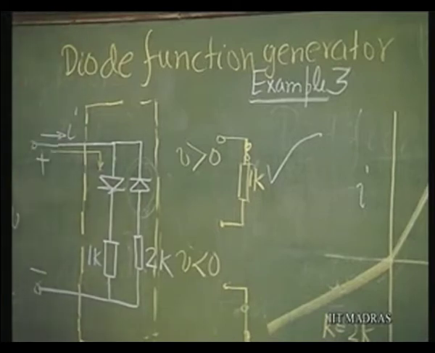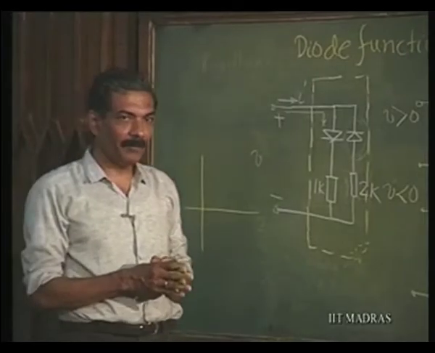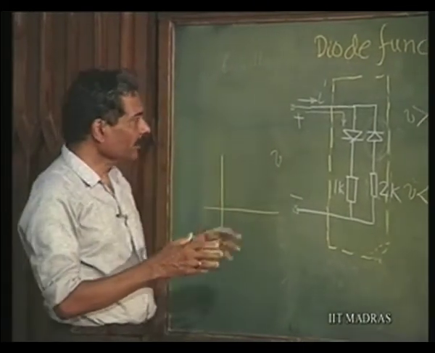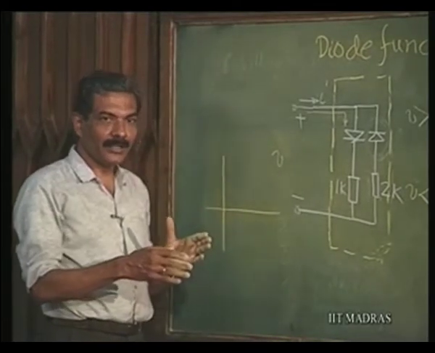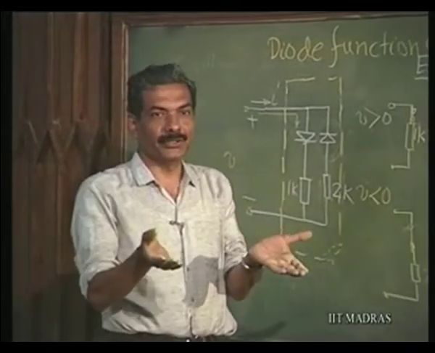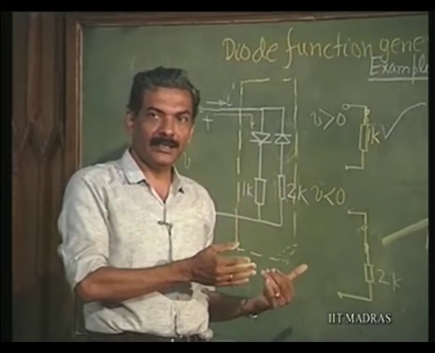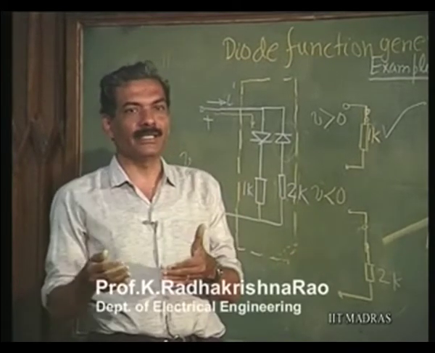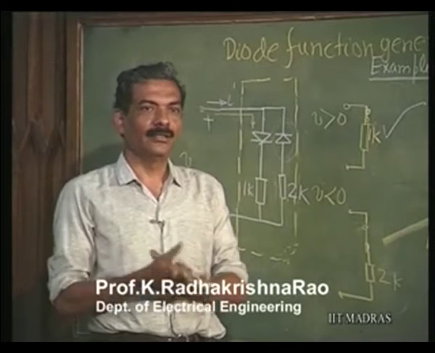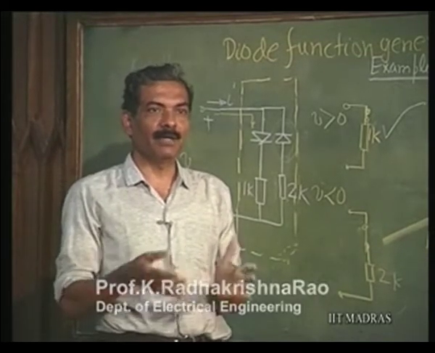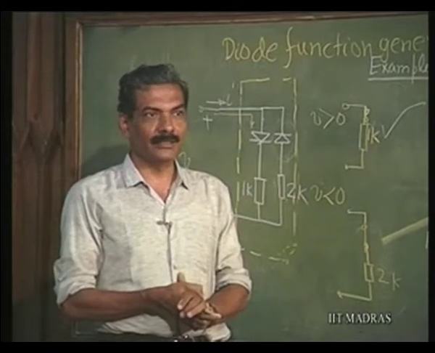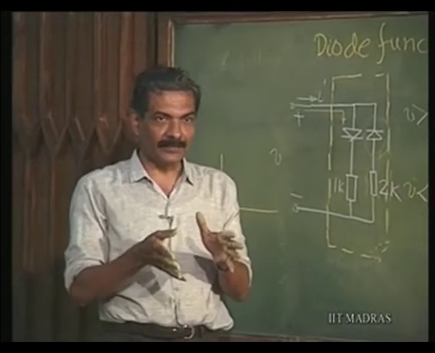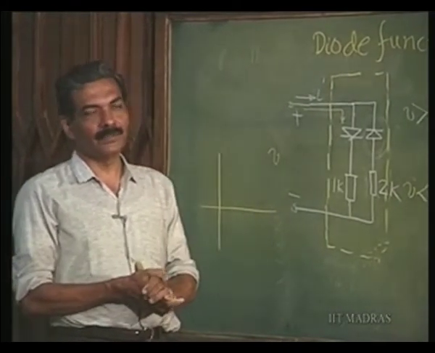In the next class we will see how this function generation can be adopted for a specific application where the signal is sinusoid and we would like to convert that sinusoid into unidirectional voltage, so that we can convert the AC into DC. So, that this is a AC to DC converter which is having a large number of applications in obtaining power supplies from regular AC sources. So, this application of the diode as a rectifier is going to be the topic of discussion for the next class.